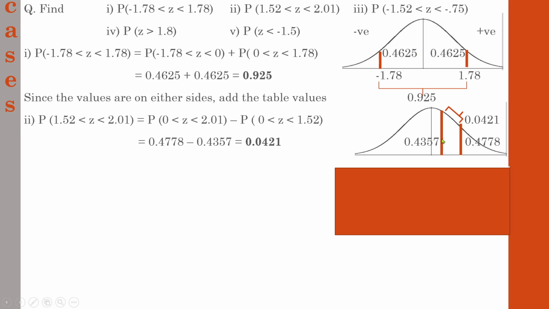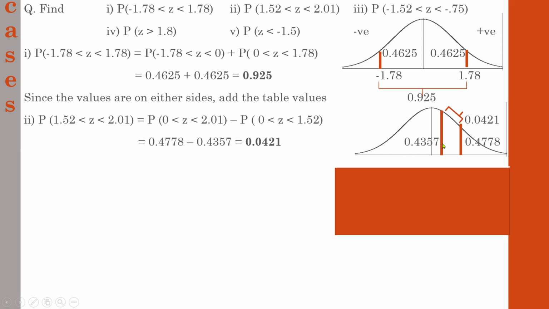But here you can see that both lines are on the same side. So you are asked to find the area between 2.01 and this smaller value. How are we going to find the difference? From 0 till 2.01 is represented as 0.4778, and from 0 to 1.52 is represented as 0.4357.